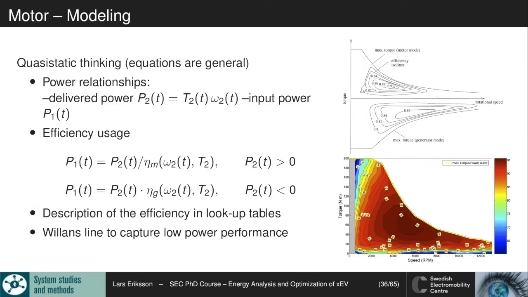So when we look at the electric machines and adopt the quasistatic thinking, we have the delivered power, that is T2 times omega 2, and the input power. So the power relationships relate the delivered power and the input power, and the relation between them depends upon the efficiency.